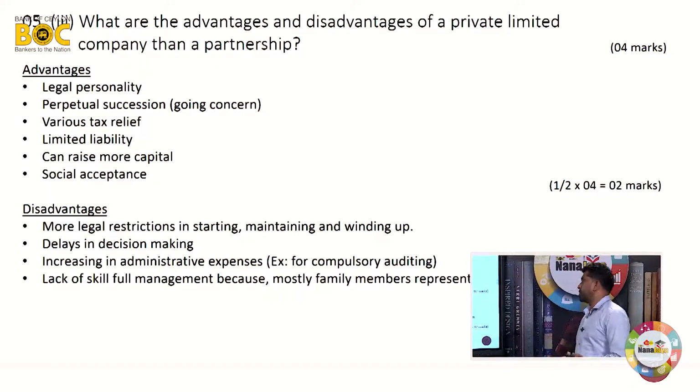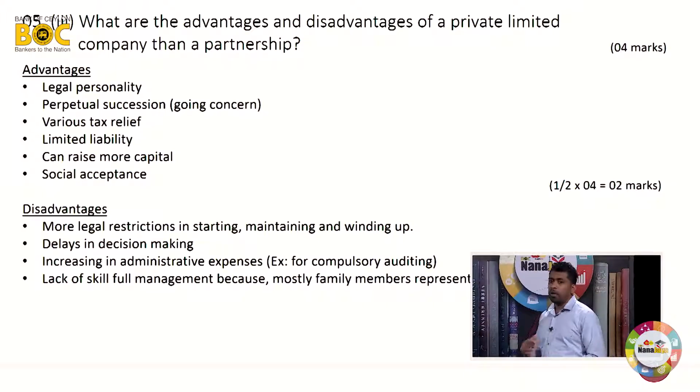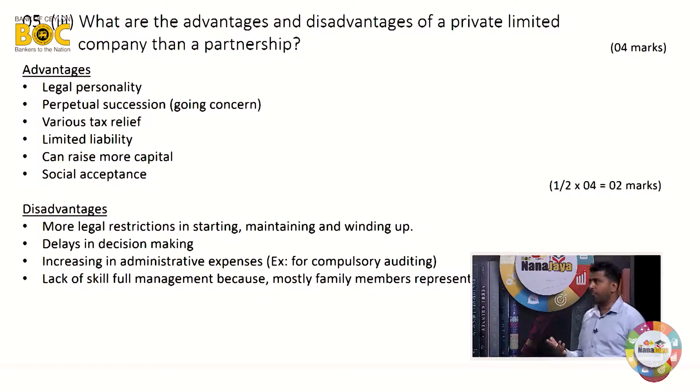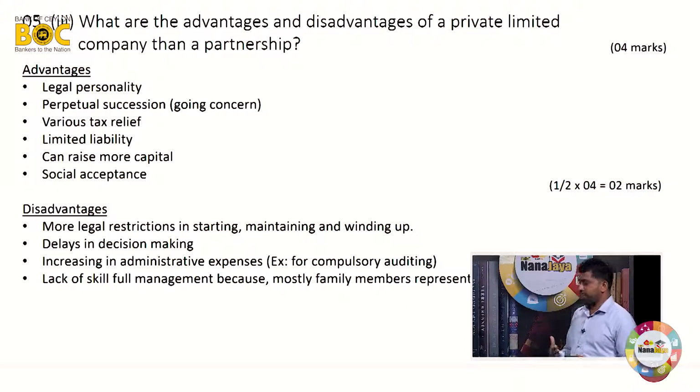Increase in administrative expenses. Accounting and auditing is compulsory in private limited or incorporated companies, so there's additional cost for auditing. Lack of skillful management, because in private limited companies most of the management members represent the family members, so there may be some errors in making decisions. Right, let's move to the next question.